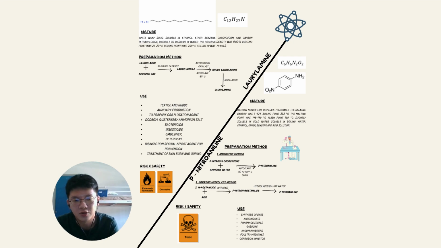para-nitroaniline, also called 4-nitroaniline. The chemical formula is C6H6N2O2. Para-nitroaniline is a yellow needle-like crystal, and the relative density is 1.424, and the boiling point is 332 degrees Celsius, and the melting point is 148 to 149 degrees Celsius, and the flash point is 199 degrees Celsius.